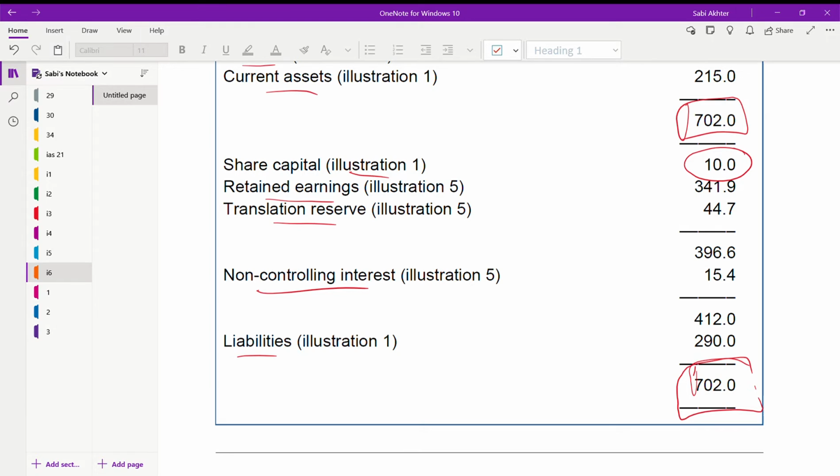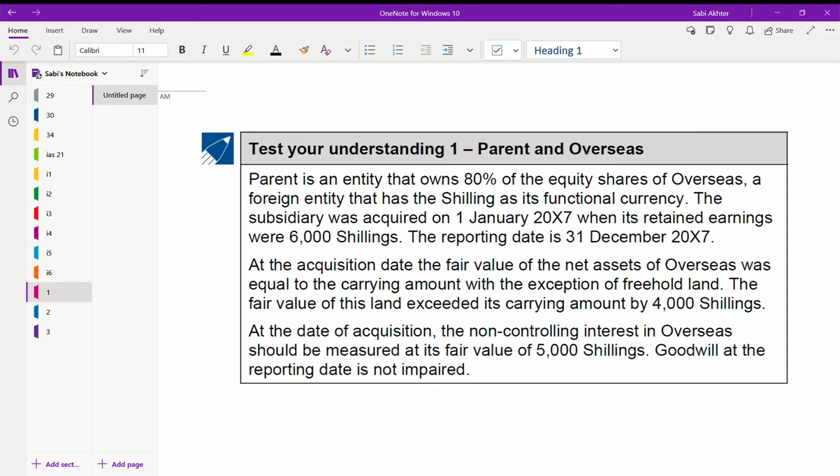Now let us go to test your understanding 3. Parent is an entity that owns 80% of equity shares of Overseas, a foreign entity that has the shilling as its functional currency. This subsidiary was acquired when its retained earnings was 6,000 shillings.